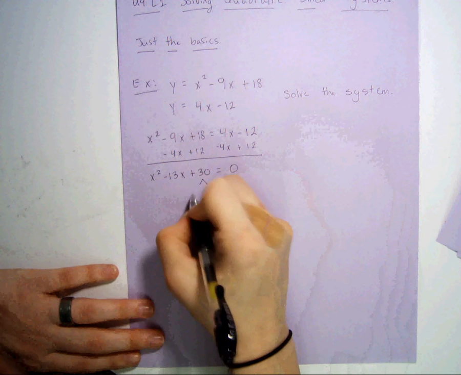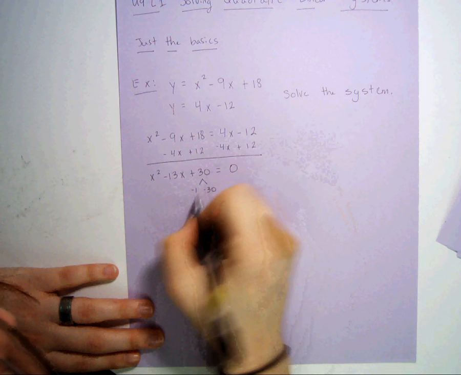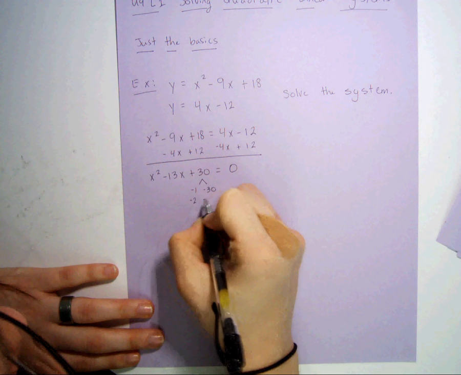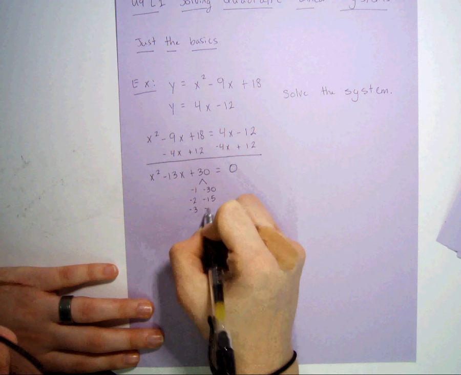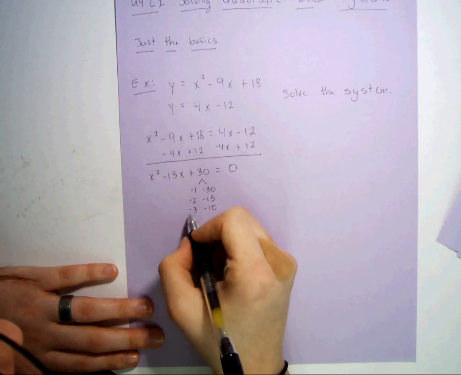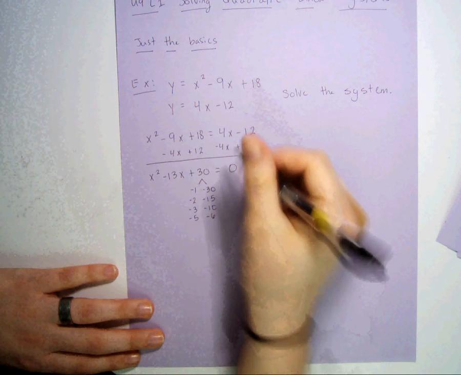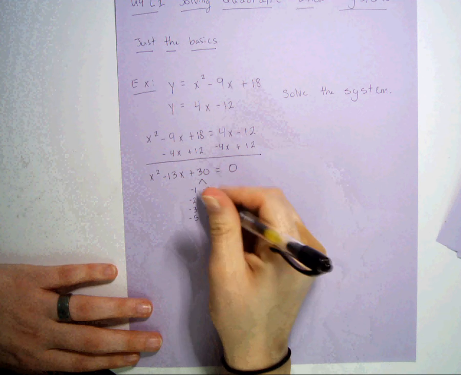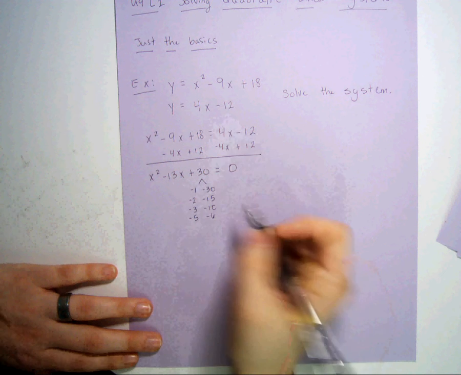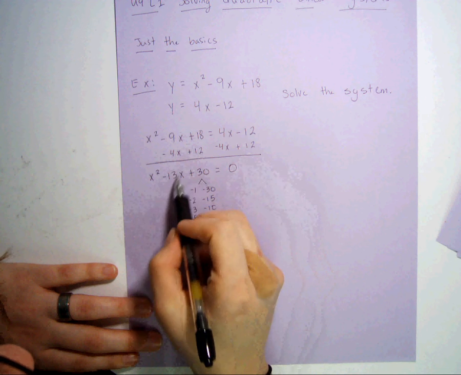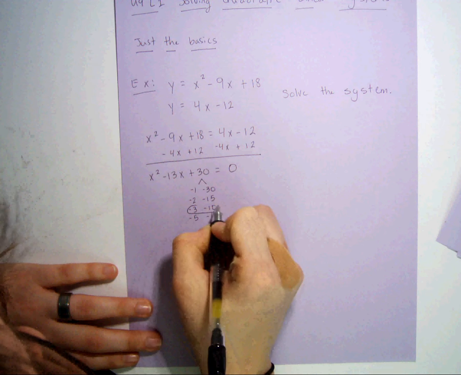I could have negative 1 and negative 30, negative 2 and negative 15, negative 3 and negative 10, or negative 5 and negative 6. If I keep going, I'm just going to end up repeating my factors, so those are all of my factor pairs. We're looking for the set that adds together to give negative 13, and that happens to be negative 3 and negative 10.